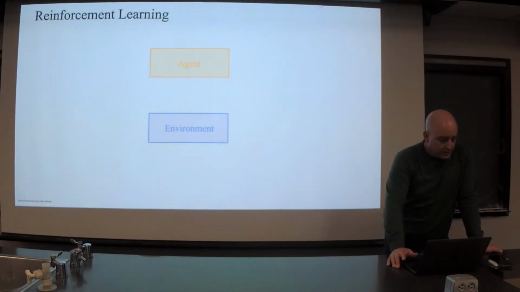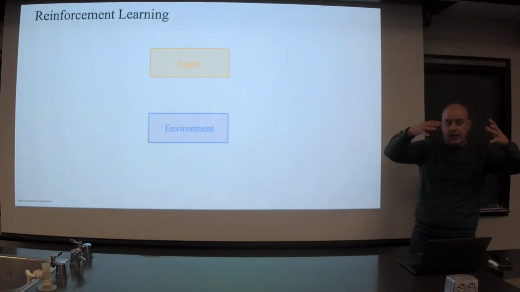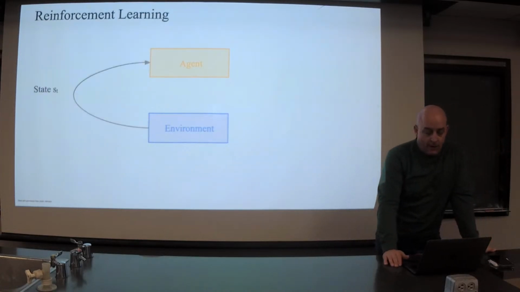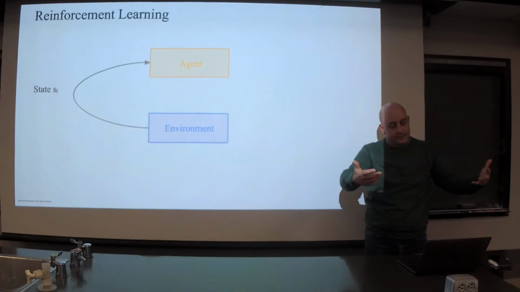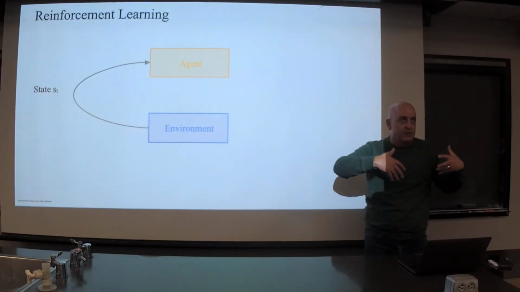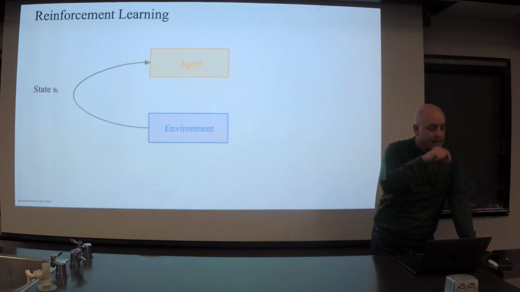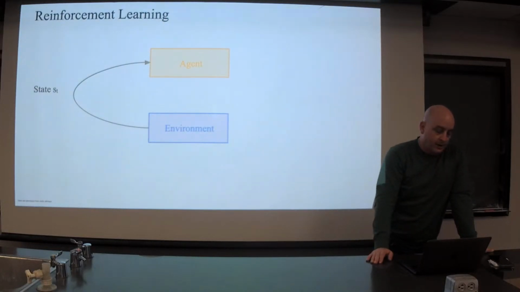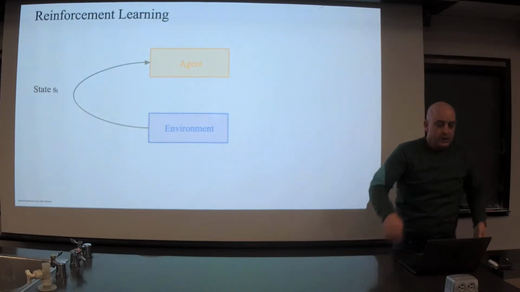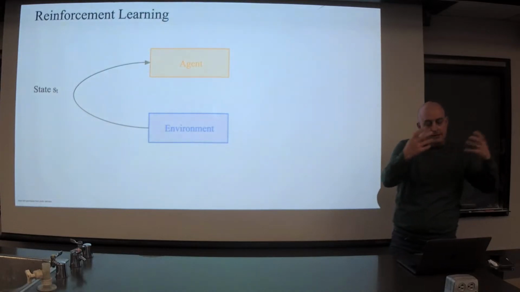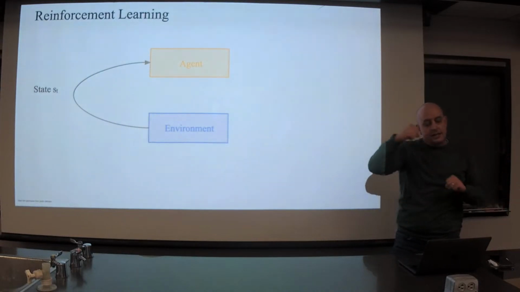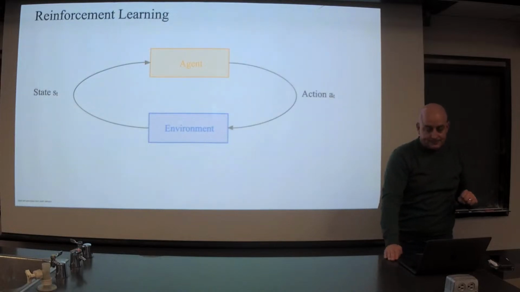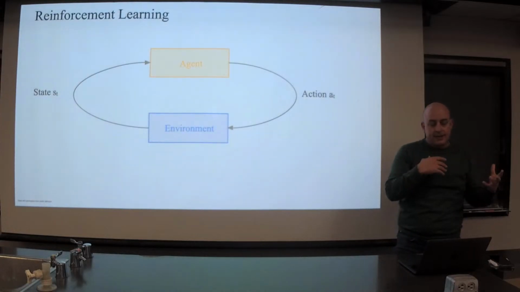So, really simply, reinforcement learning has an agent in an environment, and the environment determines the state, and that state is indexed by time. There's a temporal index here. The environment is in a certain state, and the agent responds by taking an action at that same time.